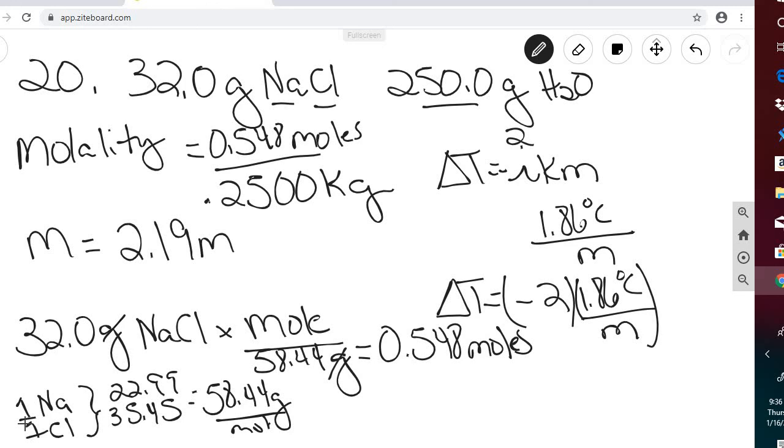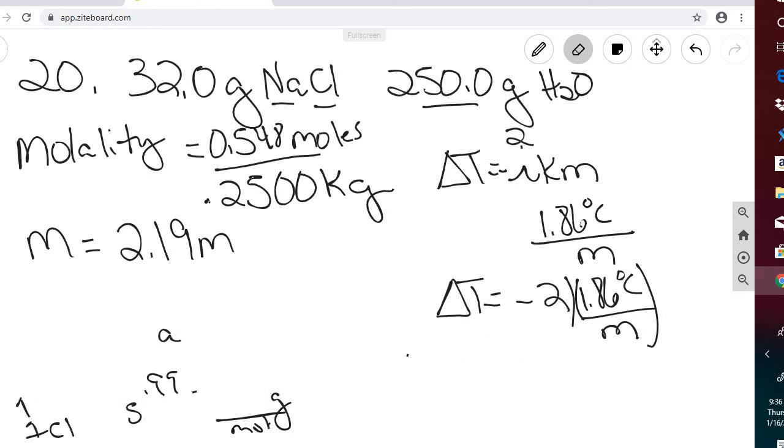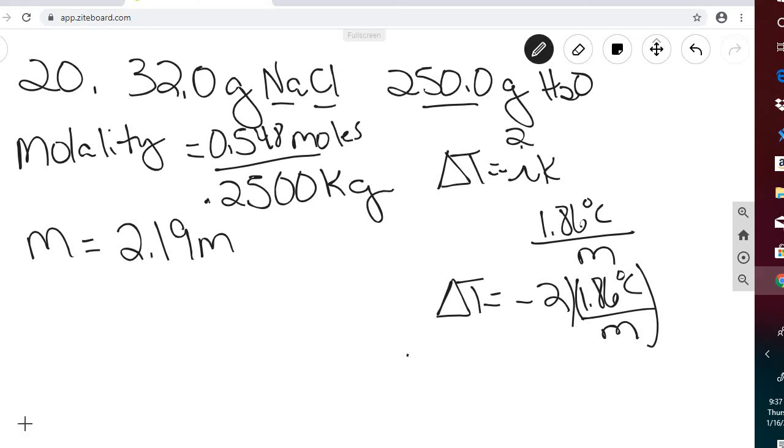Now all we have to do is plug that into our formula. It's the last unknown for our delta T. So we're plugging in the m here, 2.19 m. The m's are going to cancel, and you'll be left with degrees C, which is what you should have for a change in temperature.